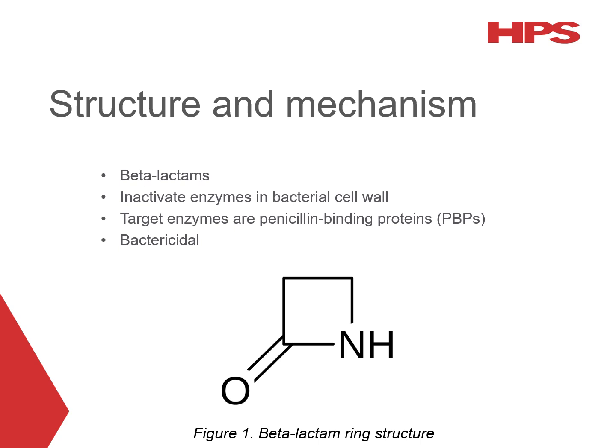Carbapenems are classified as beta-lactams as they have that beta-lactam ring that's shown here. This is a structural feature that is shared with other agents such as penicillins, cephalosporins, monobactams, and most beta-lactamase inhibitors. Beta-lactam antibiotics work by inactivating enzymes in the cell membrane of sensitive bacteria.